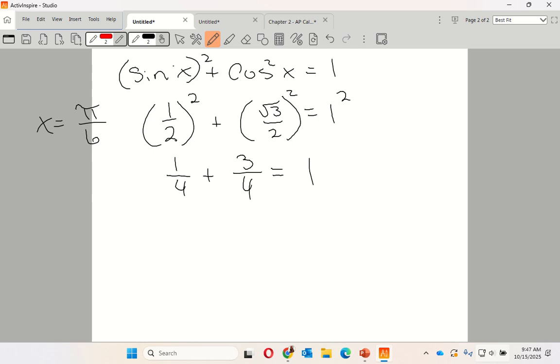Okay. Now, I'm going to change to red because red means bad, incorrect. So now we're going to say that it's going to be sine of pi over 6 squared, like that. Okay, that's putting it inside there.